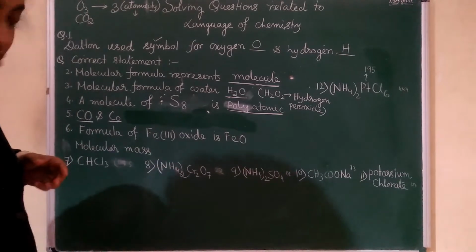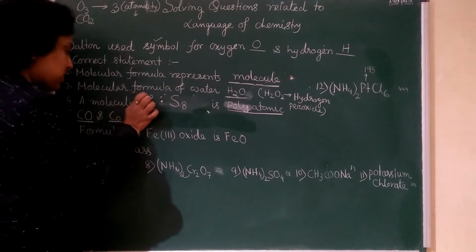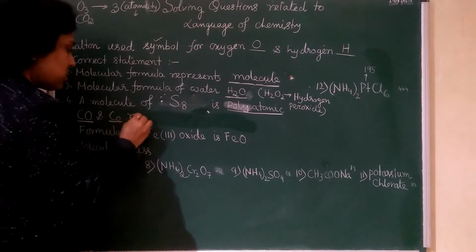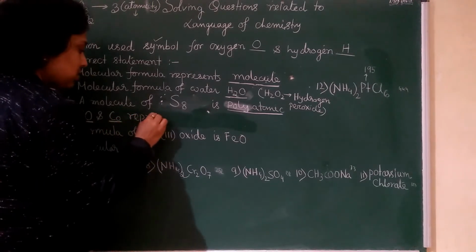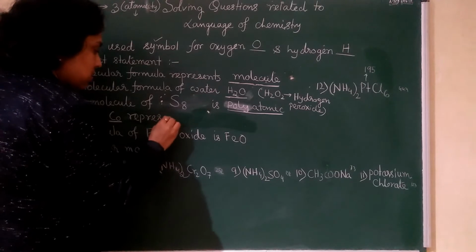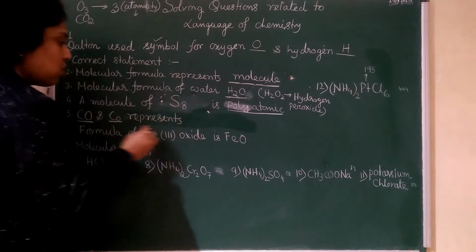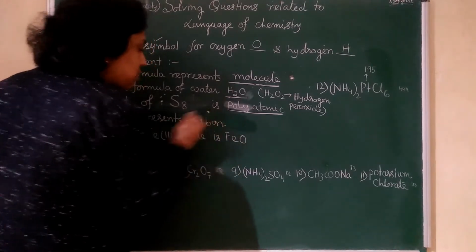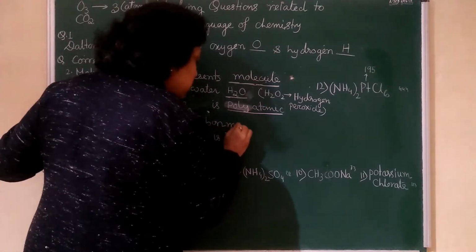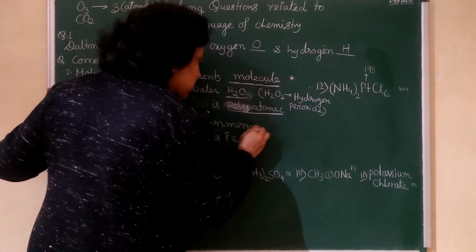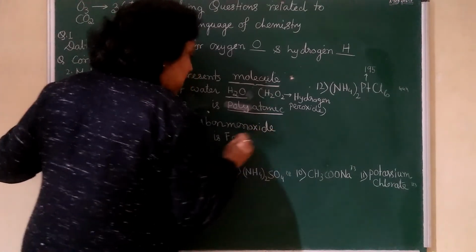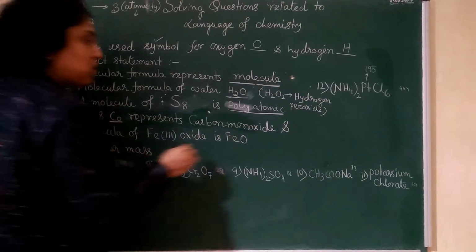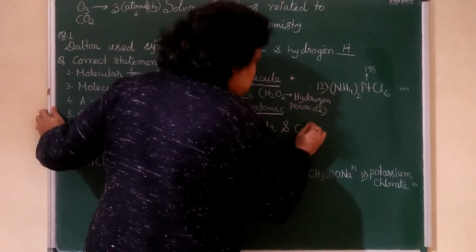CO and C with small o represent, respectively, CO is carbon monoxide and Co, with small o, is cobalt.